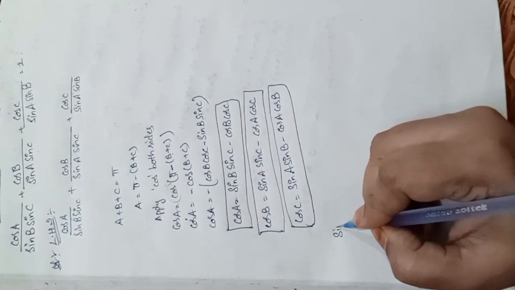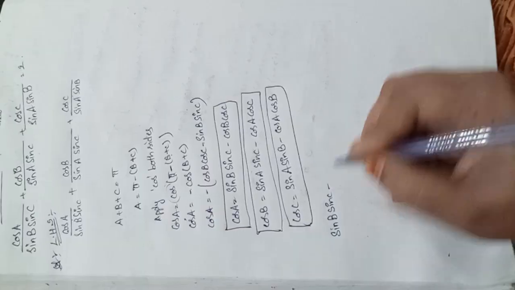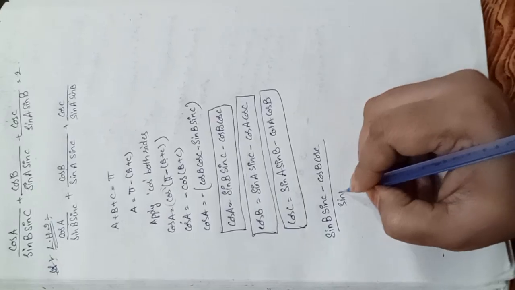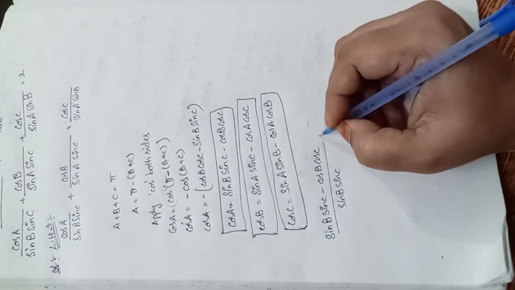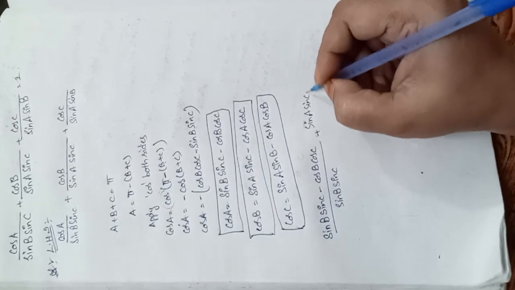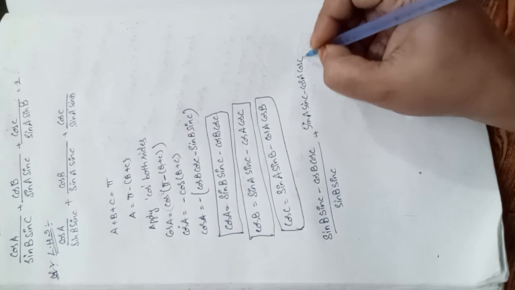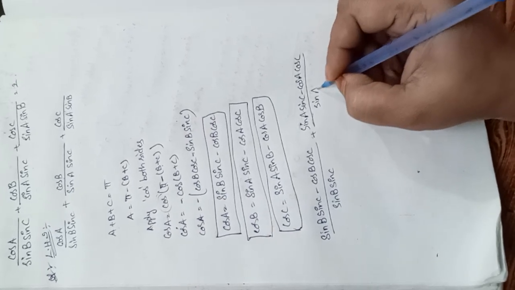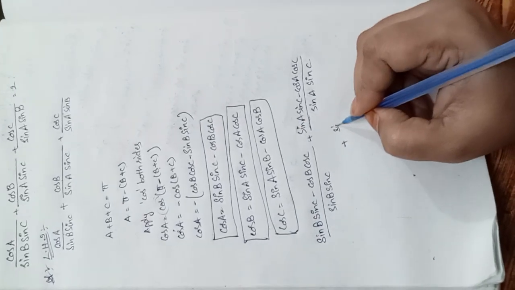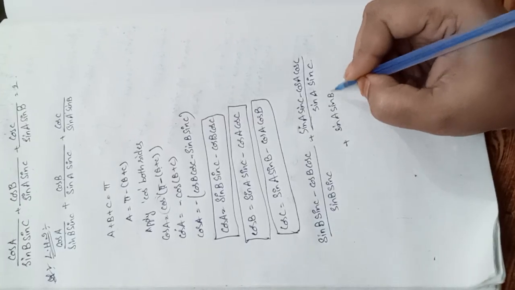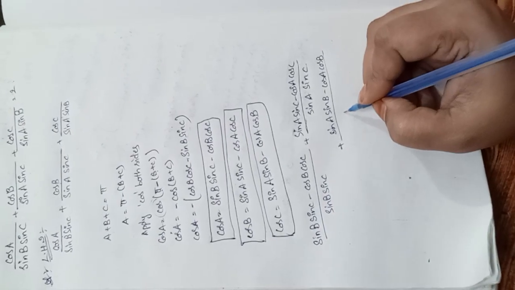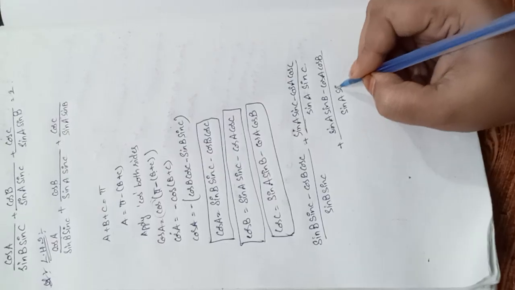Cos A means (sin B sin C minus cos B cos C) whole by sin B sin C, plus cos B is (sin A sin C minus cos A cos C) by sin A sin C, plus cos C is (sin A sin B minus cos A cos B) by sin A sin B.